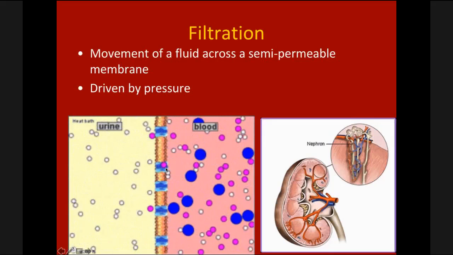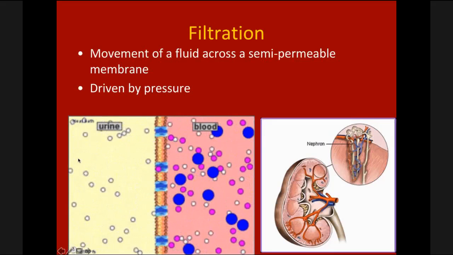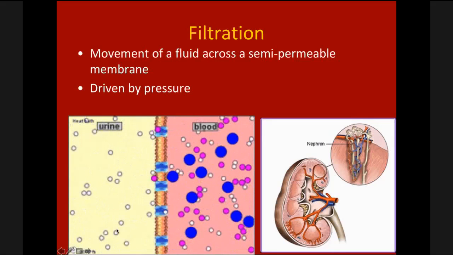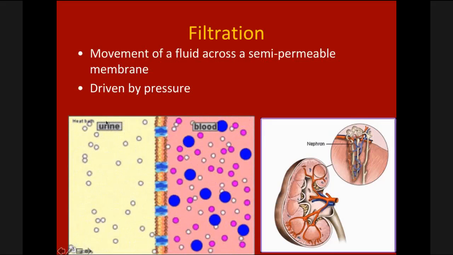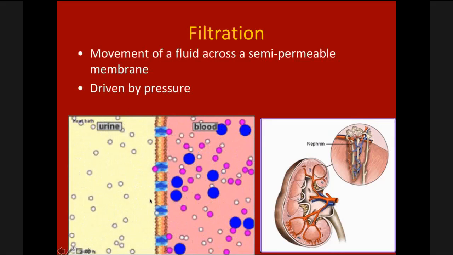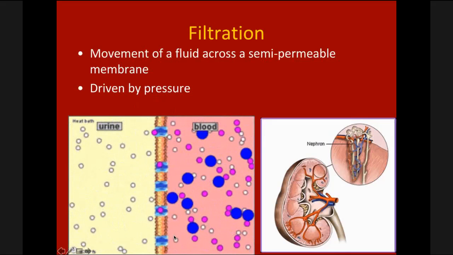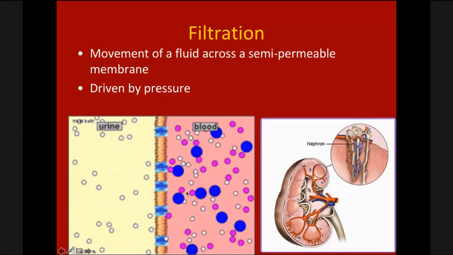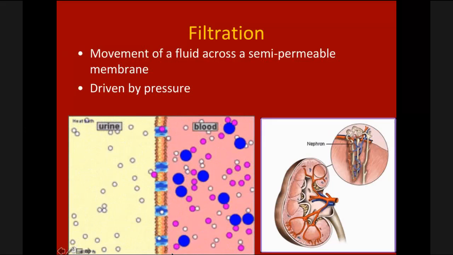Anything that fits through those pores is going to be pushed through as the blood creates pressure. That pressure pushes anything that fits through the pores, and it gets removed out of your bloodstream as filtrate, or what we call urine, once it's no longer being manipulated. Does it make sense? Filtration: the pressure is the driving force, the energy source in this case, and it's all size-based, acting just like a colander in your kitchen would. Filtration. Cool?